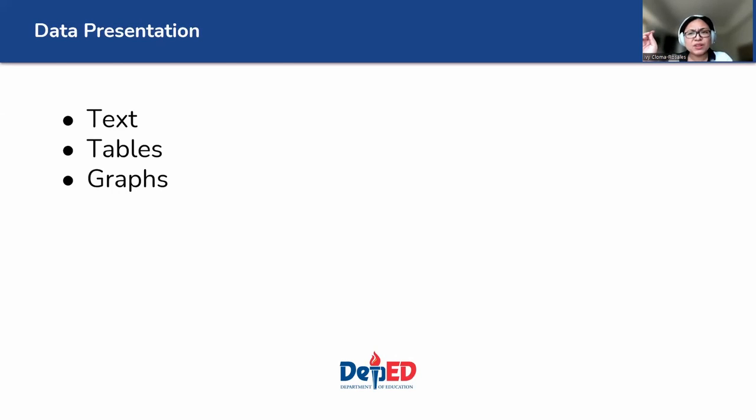But if it is too complicated to state in text or sentences, then maybe tables would be the best way to do it. If it can be communicated through tables, then we stop there. But sometimes even through tables, it's too complicated. So then that's the time I will think, oh, maybe graphs are the way to communicate it.